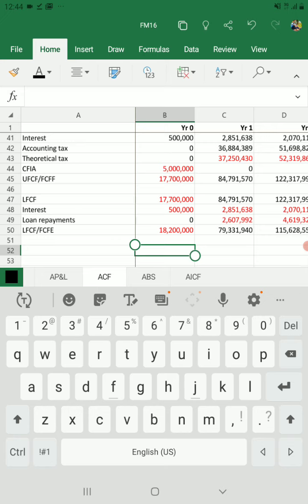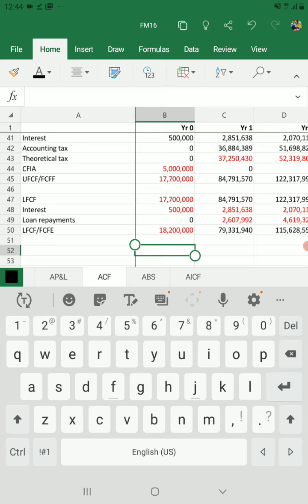Okay, so this is the cash flow that has already deducted the cash flow related to providers of loans within the business.